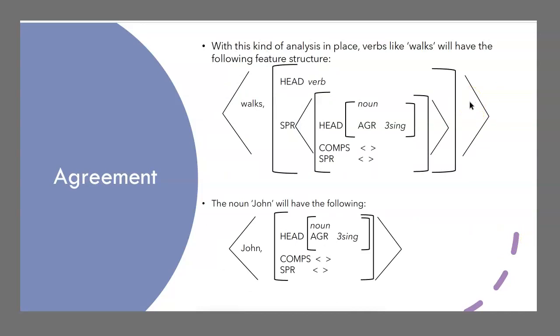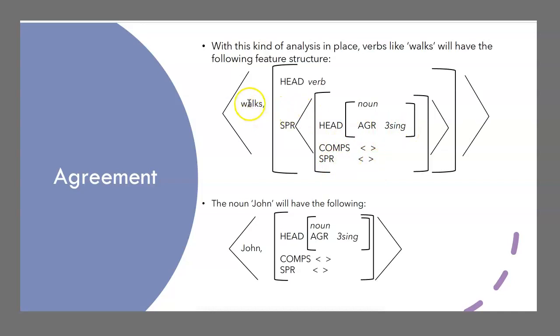If you have a description of the word walks, complete word, then this is the representation of the lexical item walks. Walks is the word whose head value is verb, right? It has a specifier. Its specifier should have a feature structure with head value noun, AGR third singular, comps null and specifier null.